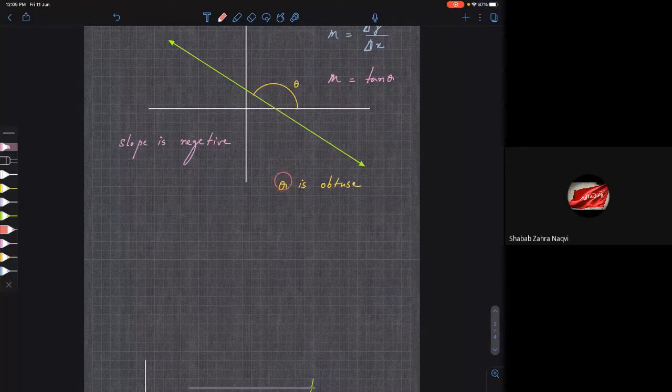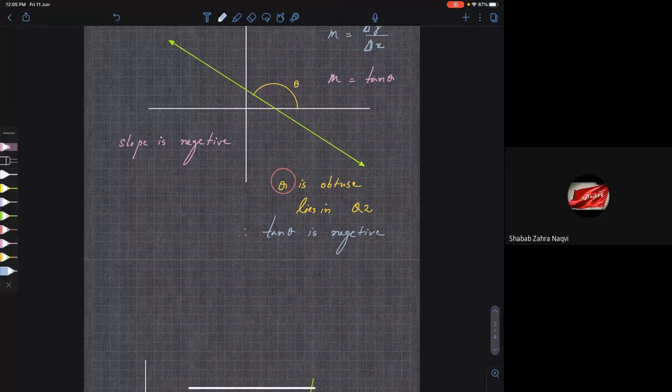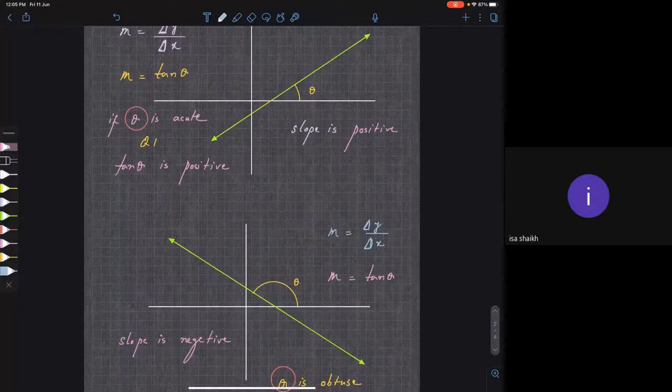Which quadrant? Second quadrant. Therefore, tan theta is negative, and we were expecting negative only. Correct? Clear?